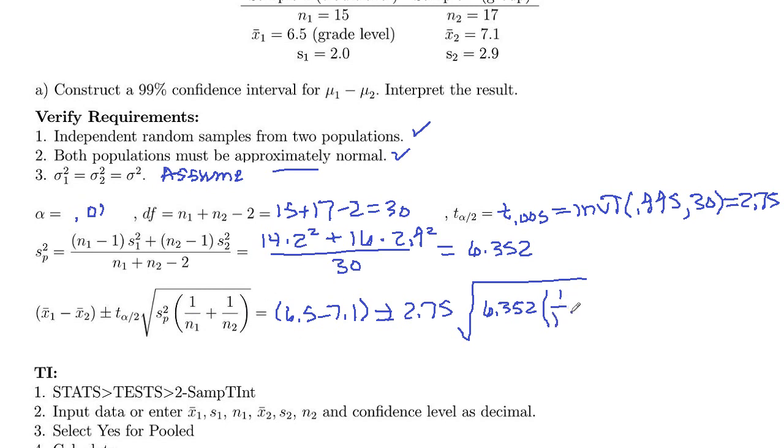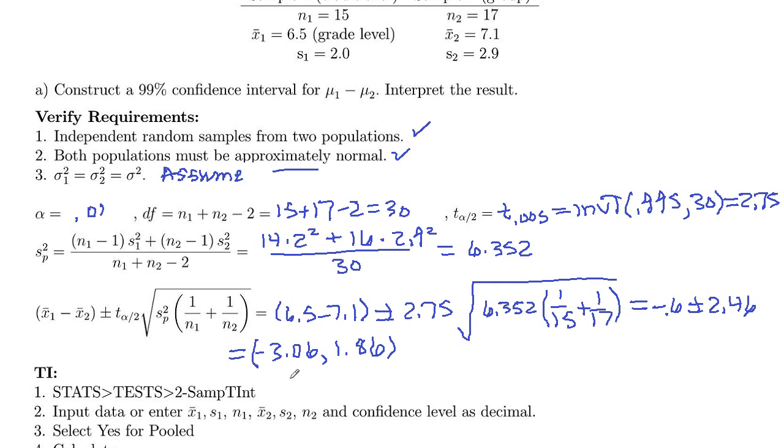So 1/15 plus 1/17. And you plug this into the calculator and you'll get 2.46, and then this difference is negative 0.6. So negative 0.6 plus or minus 2.46. And that gives negative 3.06 to 1.86 if you do the calculator work there.